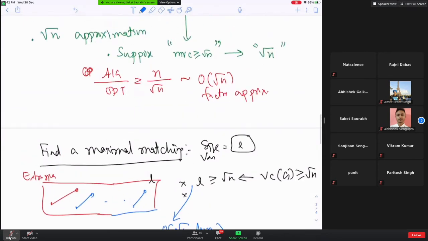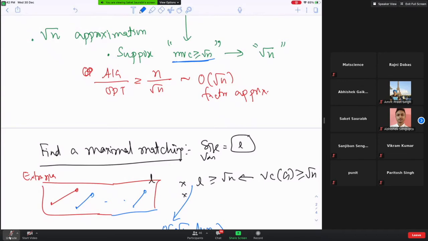Now this is my guarantee, right? In a small space, I'm guaranteeing you that the minimum vertex cover size is at least root n. I still don't know what it is, right? So what should I do? I should just return everything as my solution.